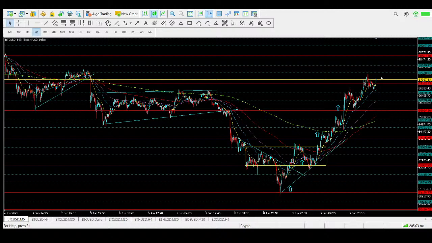So it normally fluctuates around this level here before it breaks through to the upper level.